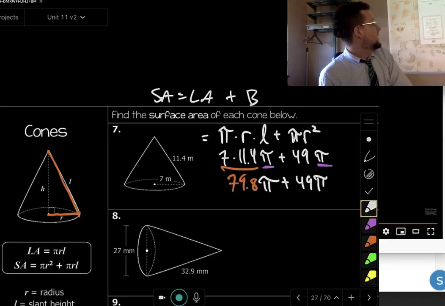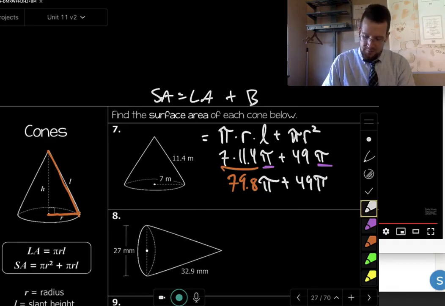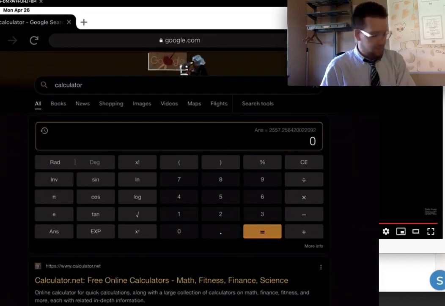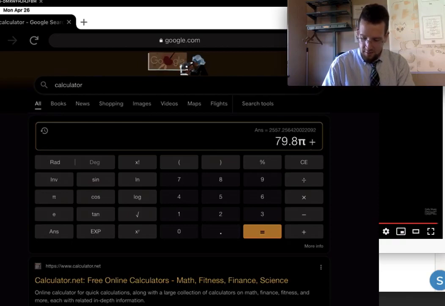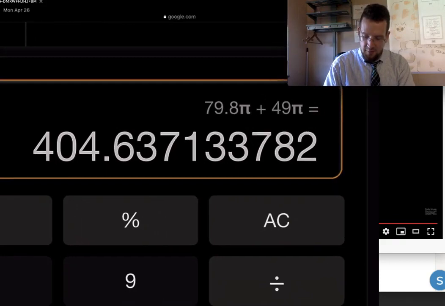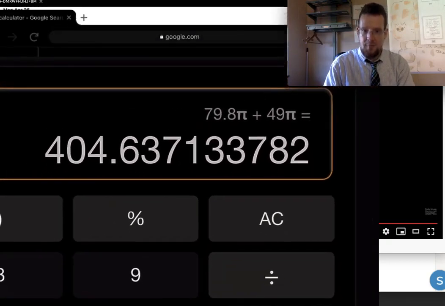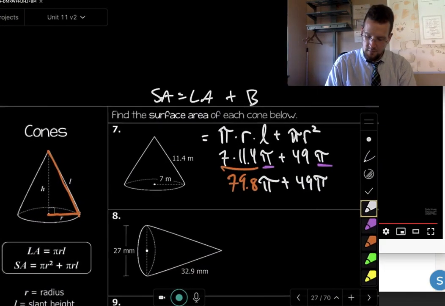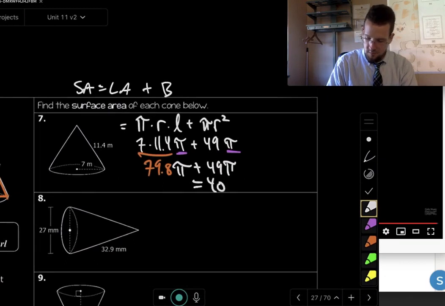And I'm going to put this into the calculator. 79.8 pi plus 49 pi, enter, round this number, not this number. All right, 404.64. And these are meters squared.